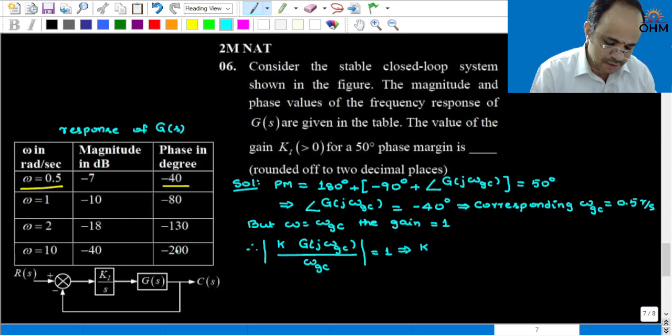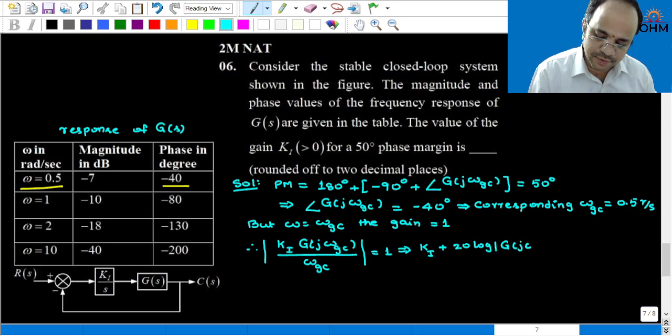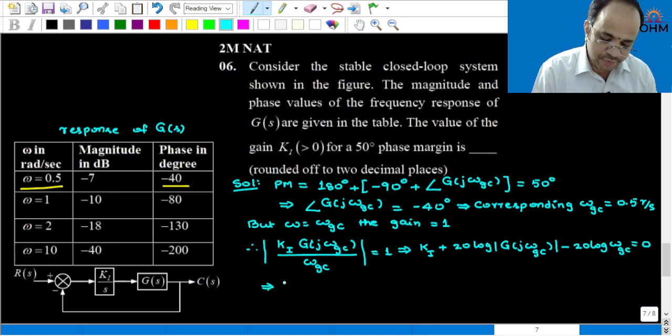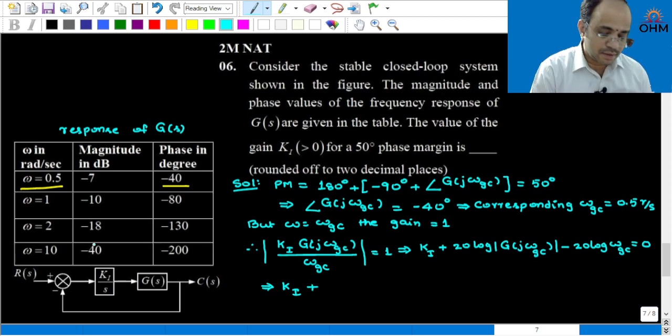Therefore, K, now this is basically Ki, so Ki plus 20 log of G of j omega GC minus 20 log omega GC is equal to 0 decibel. Therefore, Ki plus, what is this value?